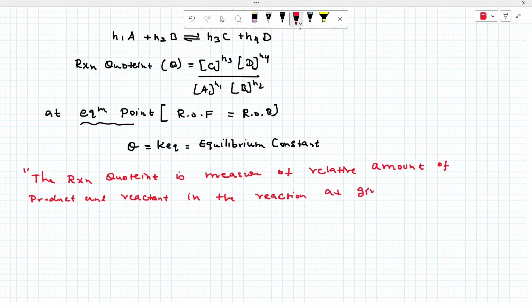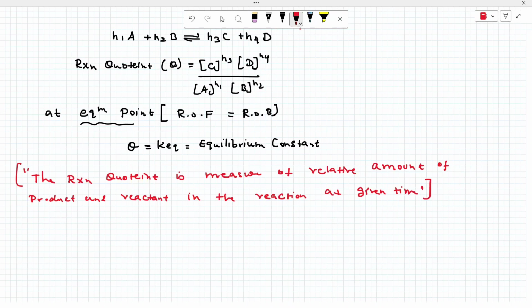At a given time, that is called the reaction quotient. What is K equilibrium? At the equilibrium point, you write the product by reactant expression, and that is K equilibrium. The equilibrium ones are the same.